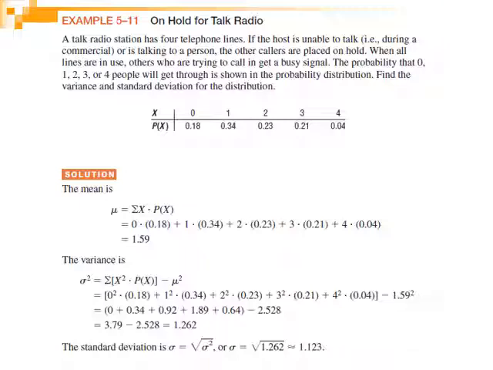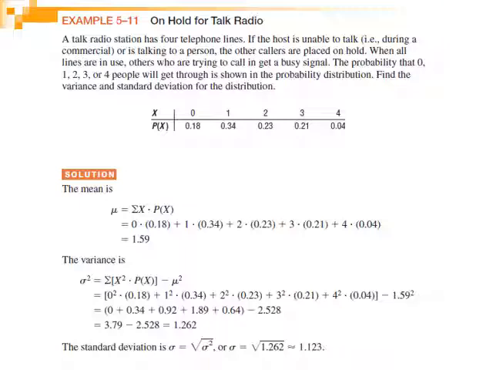Another example, on hold for talk radio. A talk radio station has 4 telephone lines. If the host is unable to talk during a commercial or is talking to a person, the other callers are placed on hold. When all lines are in use, others who are trying to call in get a busy signal. The probabilities that 0, 1, 2, 3, or 4 people will get through are shown in the probability distribution.